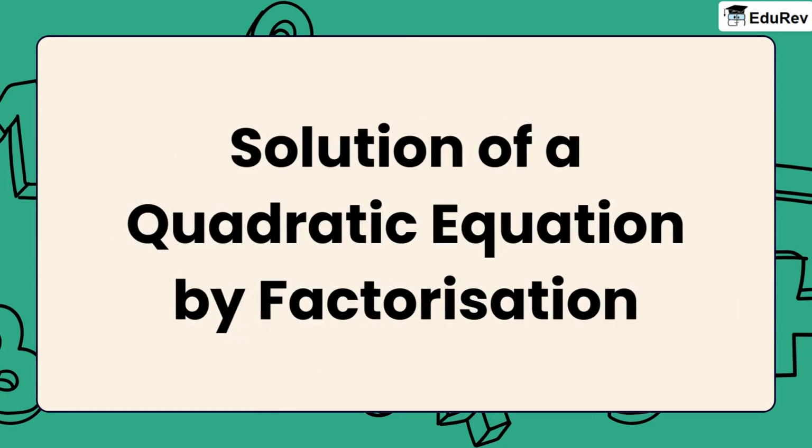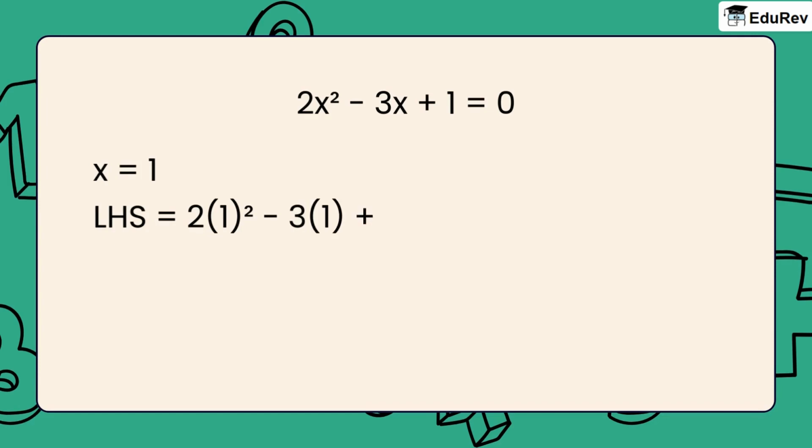Now that we have understood how to form a quadratic equation, we will move on to the next section, which is solution of a quadratic equation by factorization. Consider a quadratic equation, 2x square minus 3x plus 1 equal to 0. If we replace x by 1, on the left-hand side, we get 2 into 1 square minus 3 into 1 plus 1, which turns out to be 0, which is the right-hand side.